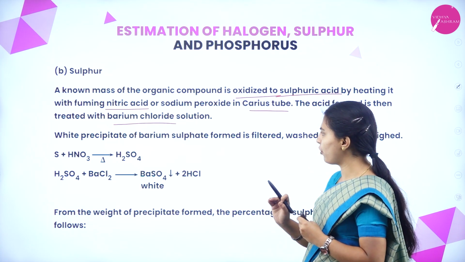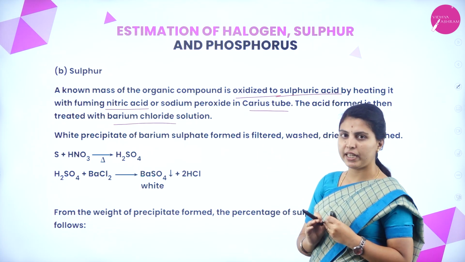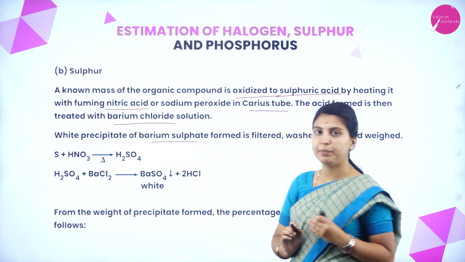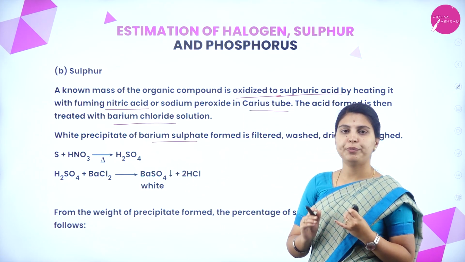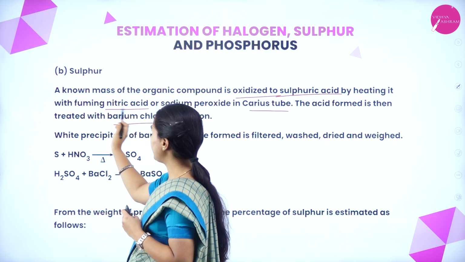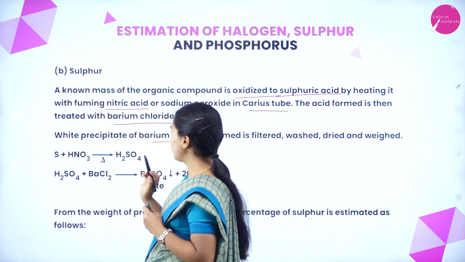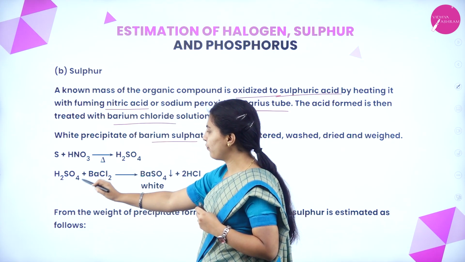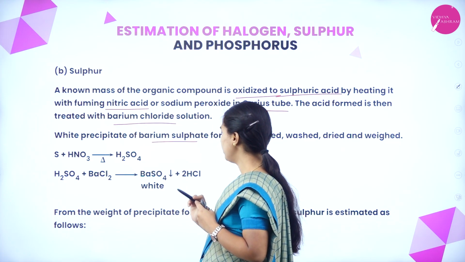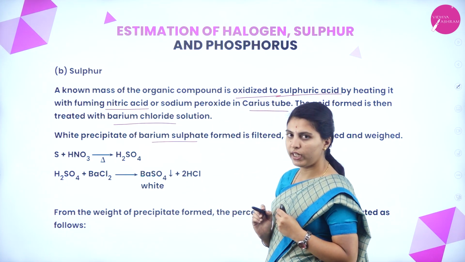That time barium sulfate will form as a white precipitate. That should be filtered, dried, weighed. Sulfur plus nitric acid gives H2SO4. That H2SO4 will be treated with barium chloride. Barium sulfate will be formed with the liberation of hydrochloric acid.